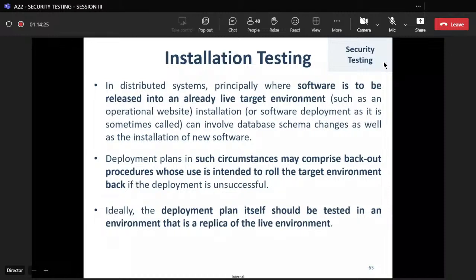If the deployment is unsuccessful, there will be a rollback to the previous version. For that, ideally they will test the deployment plan and how the live environment will be, by setting up a replica testing environment and performing those tests.